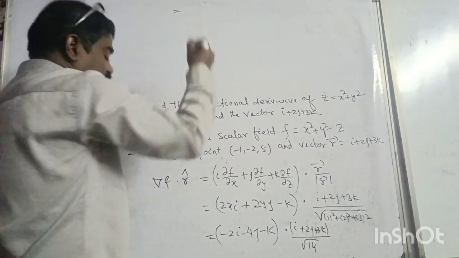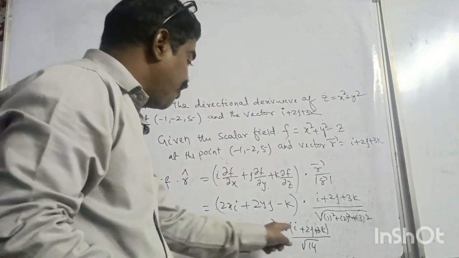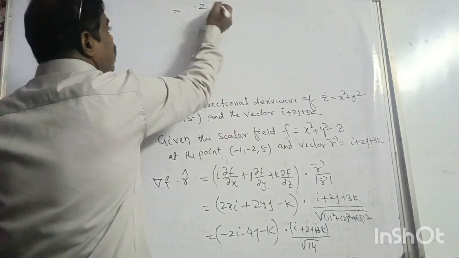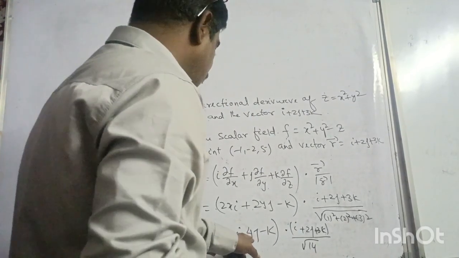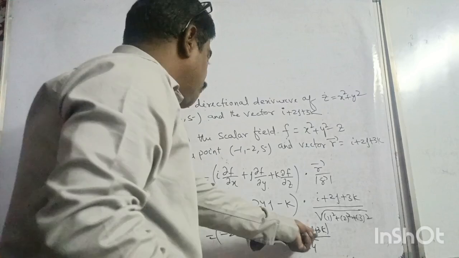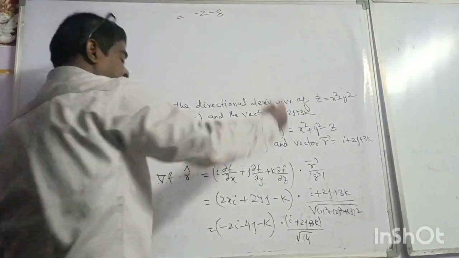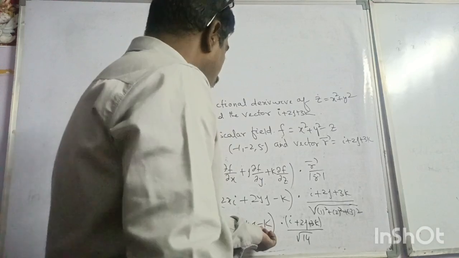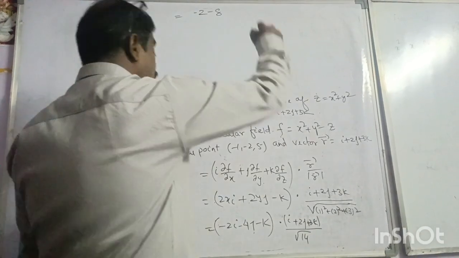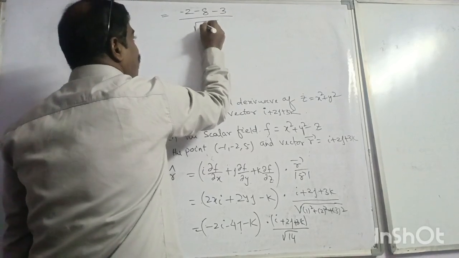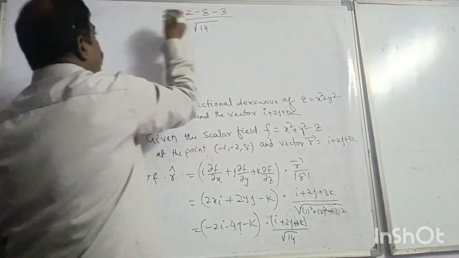That is equal to what you are getting. i dot i is 1, so -2 into 1 is -2. Next j dot j is 1, -4 into 2 is -8. Next -1 into +3 is -3, divided by under root 14.